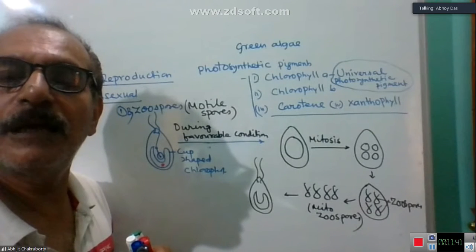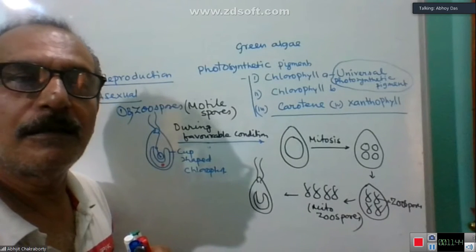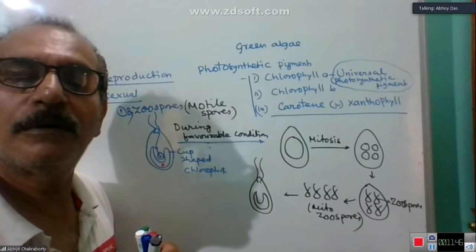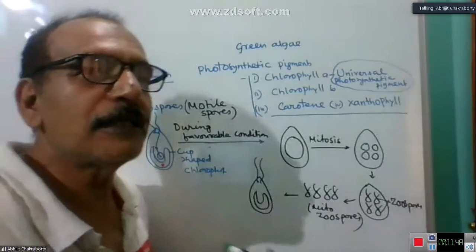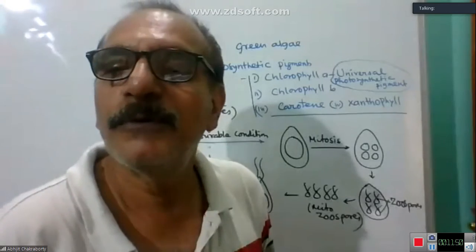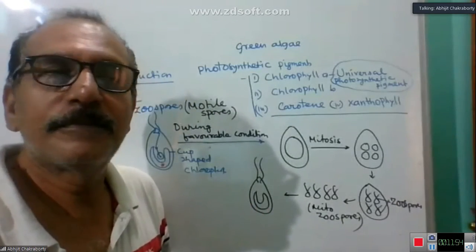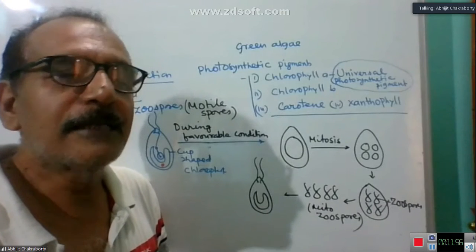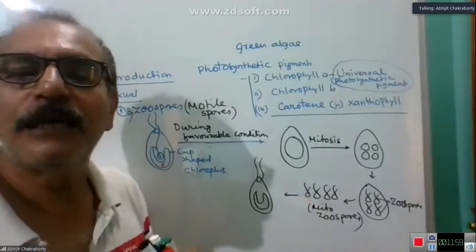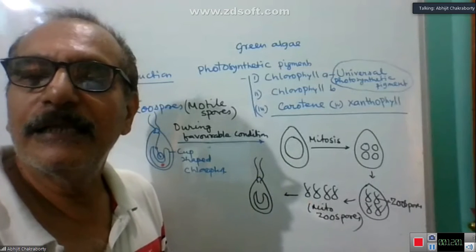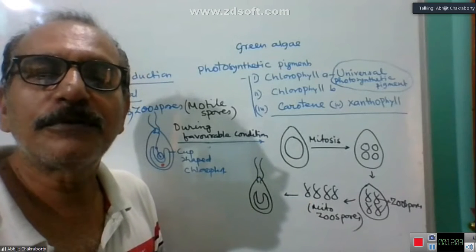Motile means the spores which can move. As they have flagella, they can swim freely. That's why they are called motile spores.